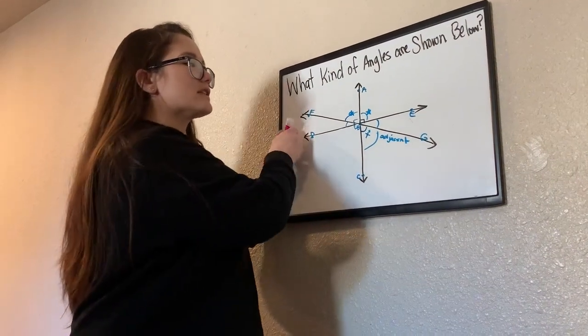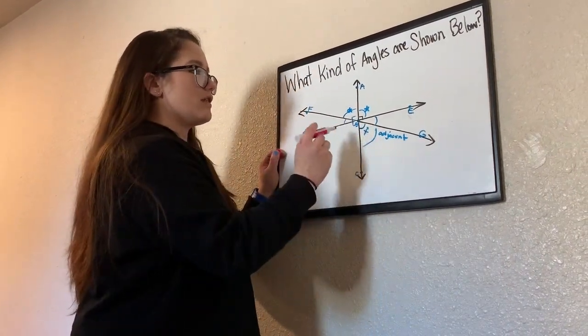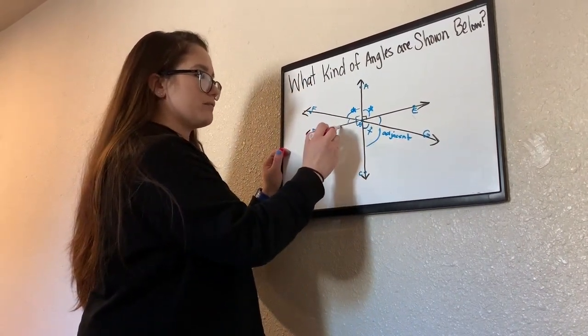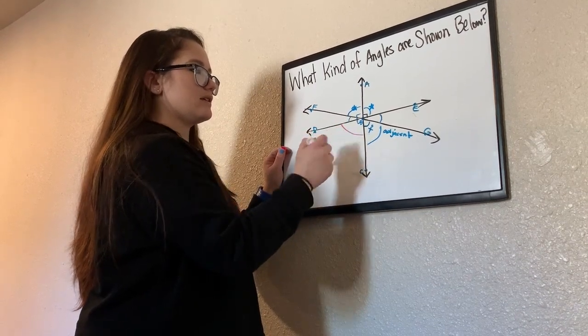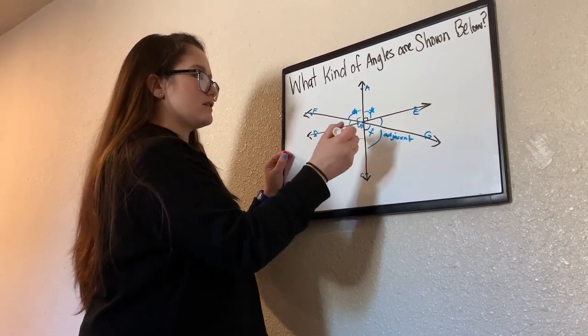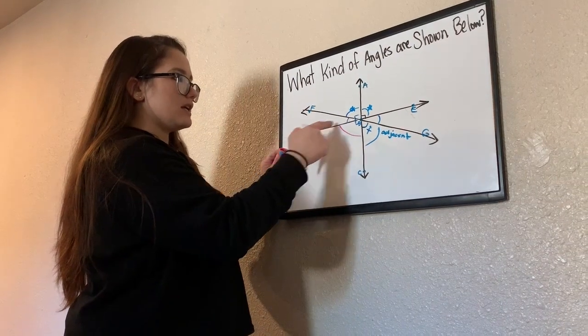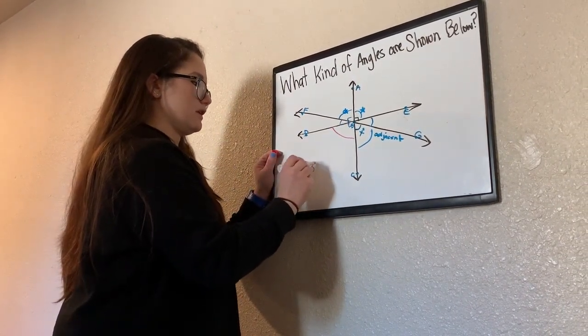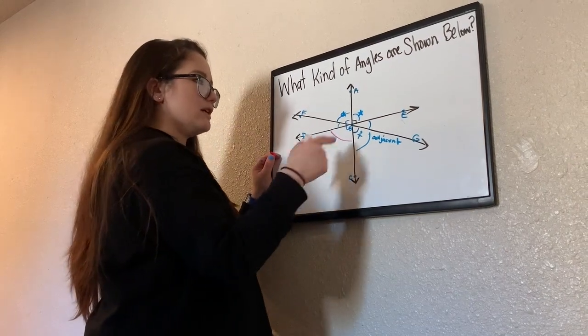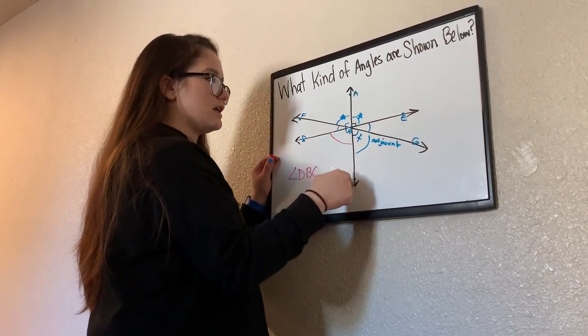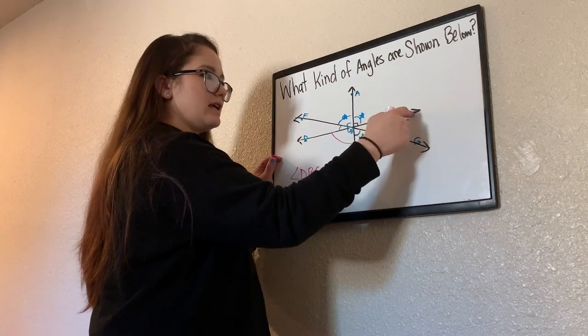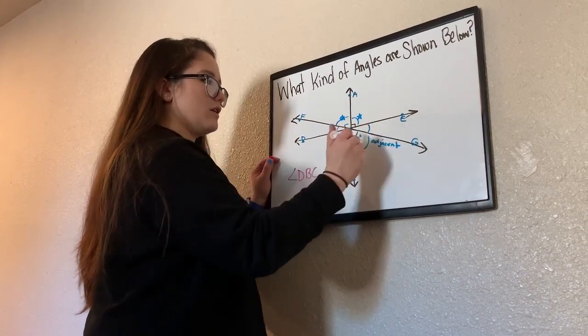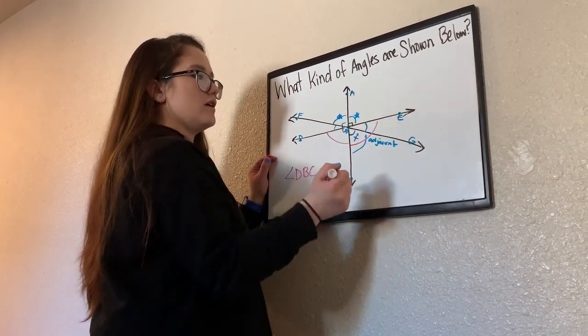All right, so for a supplementary angle, I know that this angle here from this line to here, so I can say angle DBC is supplementary to angle CBE, this angle here, from here to here.